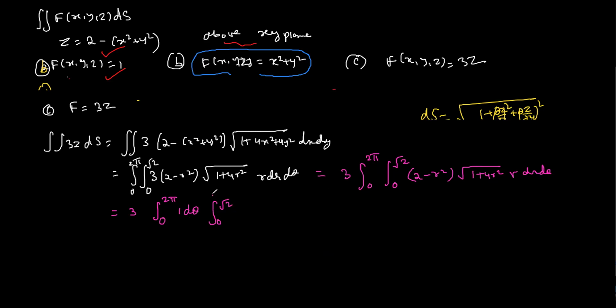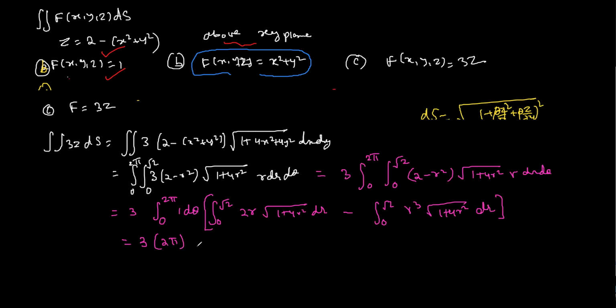So divide this into two parts. 2r root 1 plus 4r square dr minus r cube root 1 plus 4r square, with limits 0 to root 2.